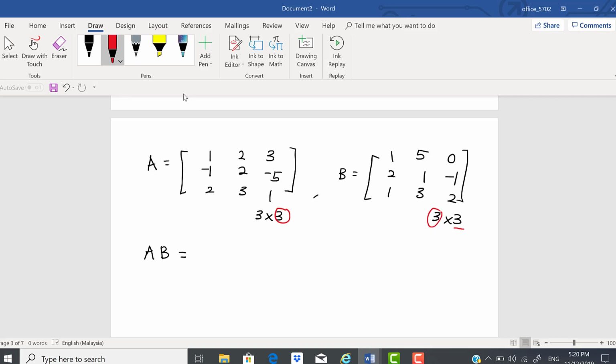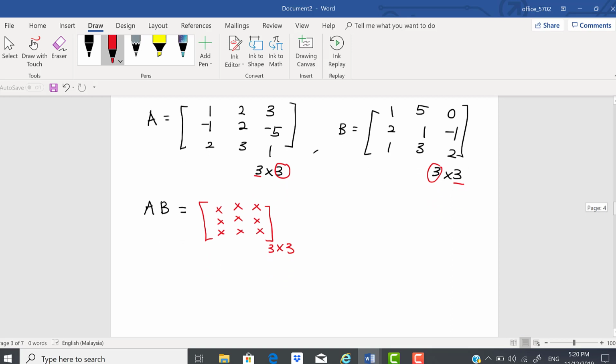That means your answer must be a 3 by 3 matrix, so it must have 3 rows and 3 columns. So that means you must find the 9 elements, the 9 values. Now how to get them?